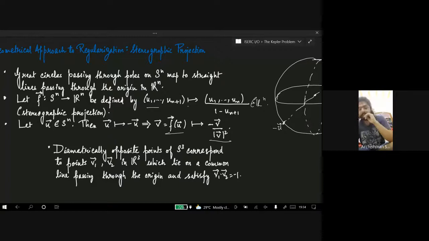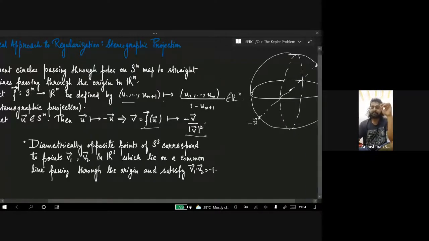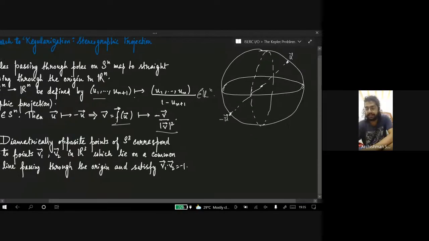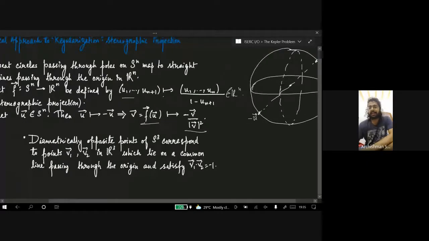What this means is, if I consider two diametrically opposite points, then these correspond to points v1 and v2 in R3. And these points lie on a common line through the origin and satisfy this particular criteria.